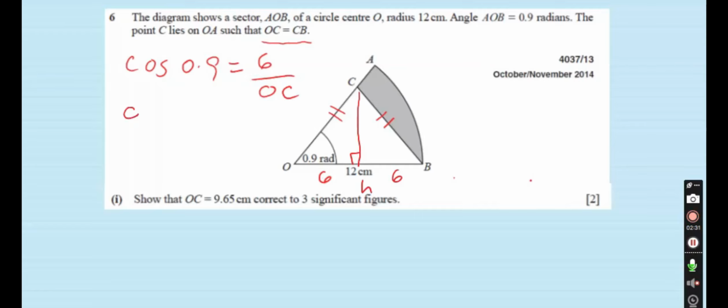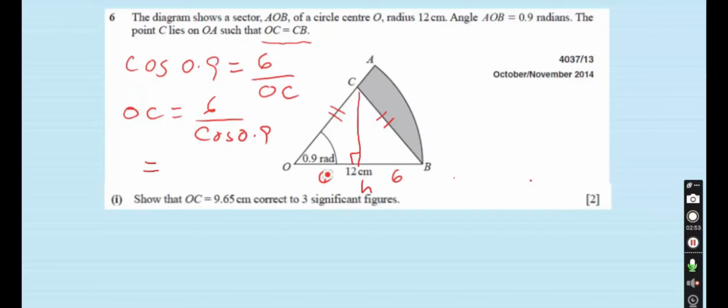So OC is equals to 6 upon cos 0.9. Students, keep in mind, whenever you are using your calculator and you have a question related to radians, your calculator must be in radian mode.